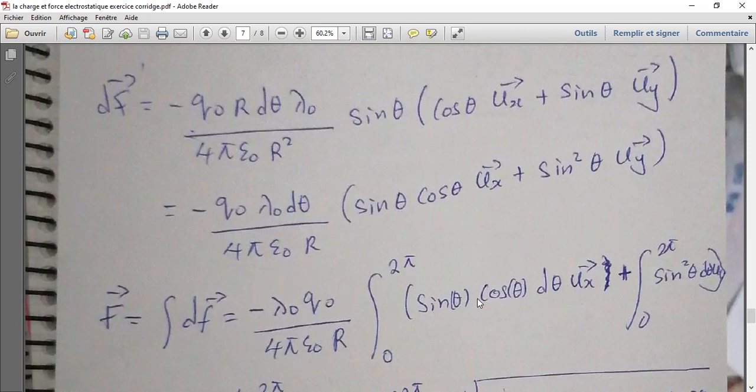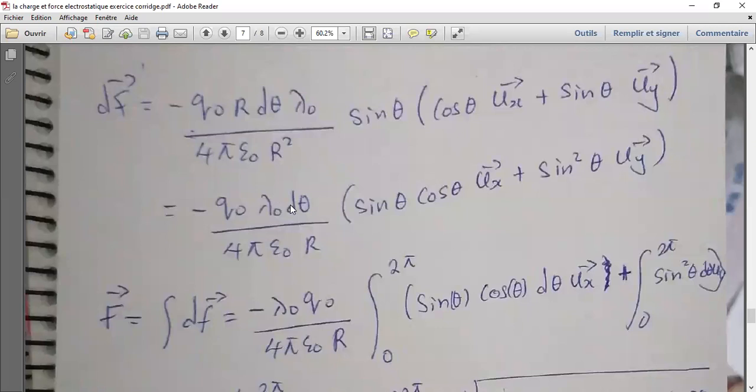So what do I want to integrate? The sin theta cos theta, and here the sin squared theta, in terms of d theta. I've just multiplied the d theta with the things which are in the brackets.